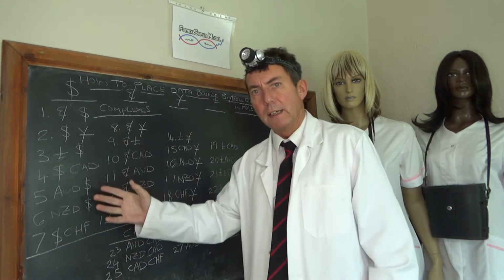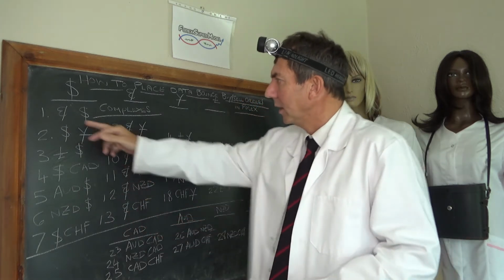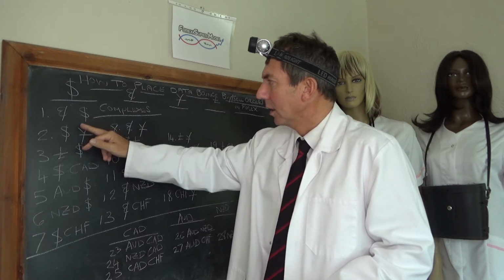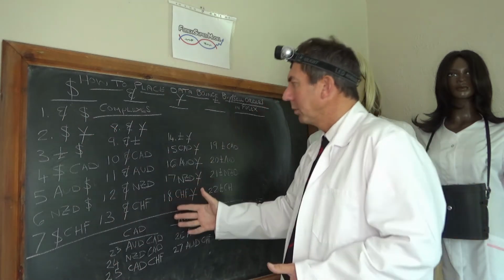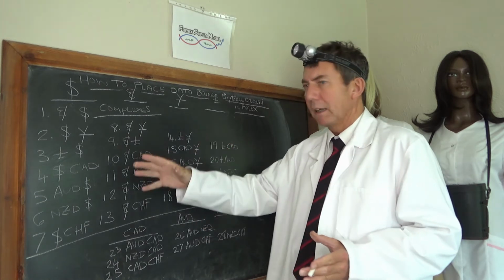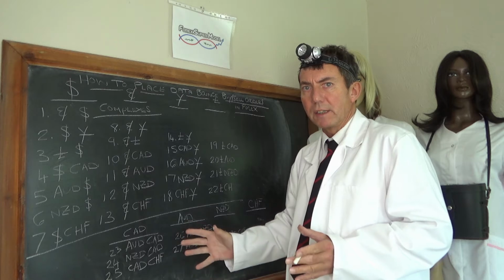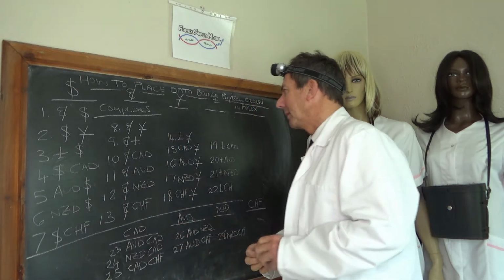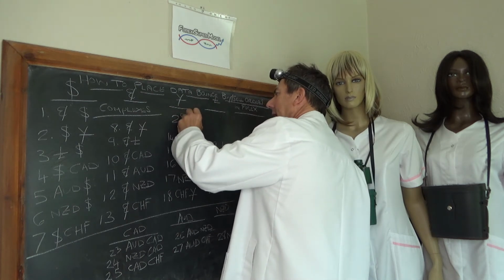Due to the crossover, each pair has 2 complexes. So the euro dollar's part of the dollar complex and the euro complex. Then you've got 8 complexes, 7 pairs per complex. That's 56. But because of the duplication, you end up with 28 FX pairs, so basically we're dealing with 28 FX pairs.